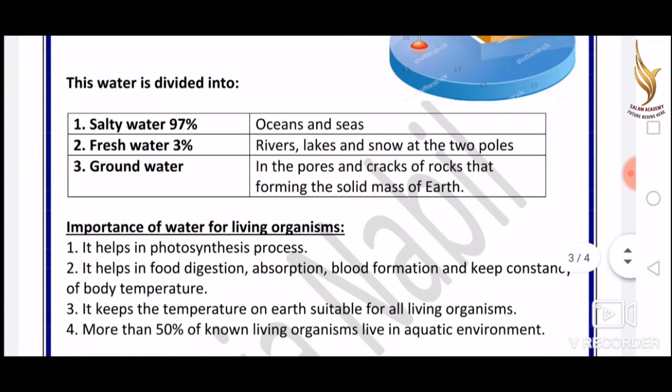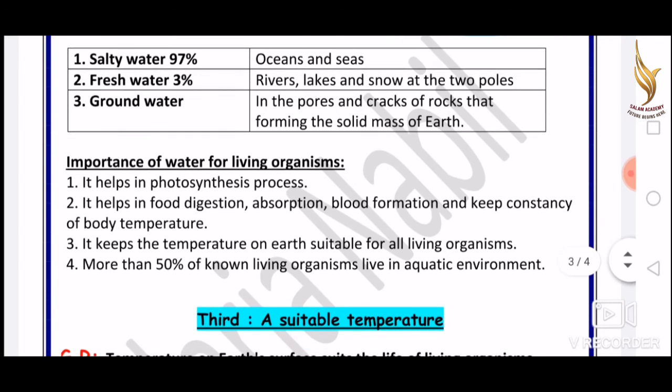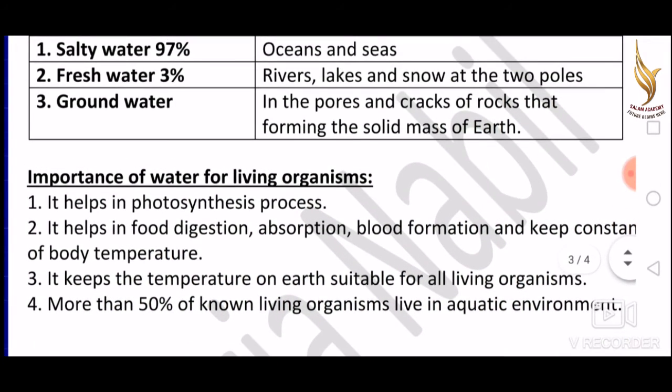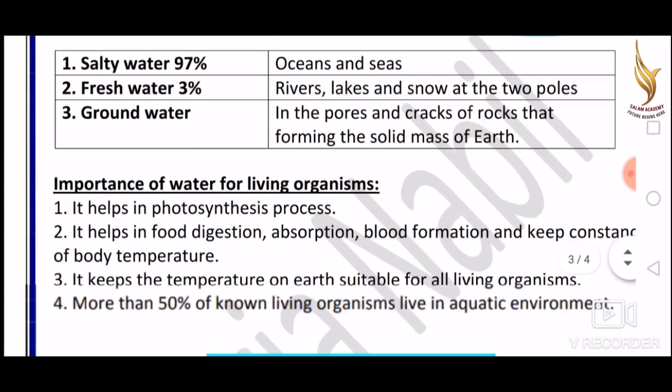So what's the importance of water for living organisms? First, water helps in the photosynthesis process. And also it helps in food digestion, food absorption, blood formation, and keeps the temperature of the body constant.